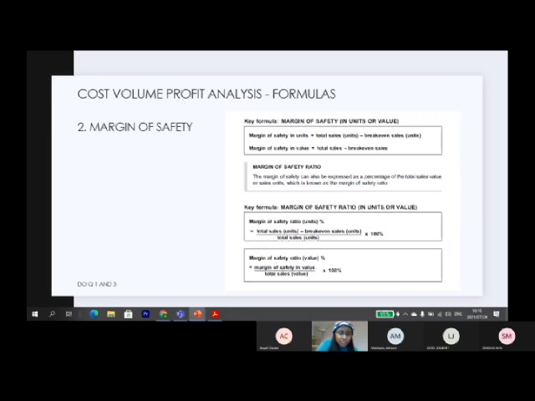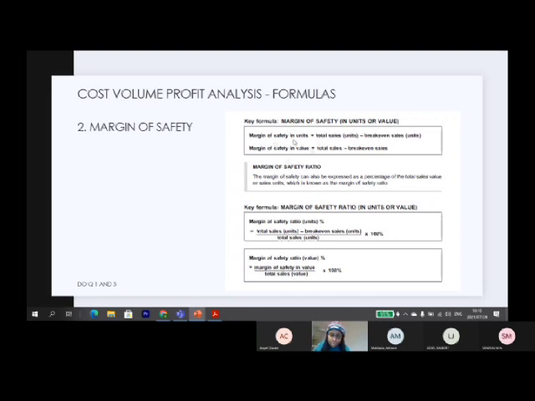Then there's the margin of safety. So there's break-even, we spoke about it; there's contribution, we spoke about it; then there's margin of safety. What is it? They say it's the total sales minus your break-even sales. It's your margin of safety in terms of trying to figure out how many sales you need in order to break even.